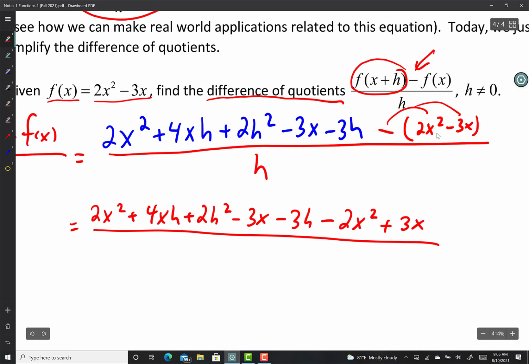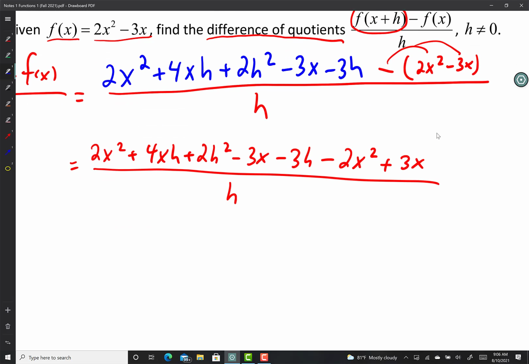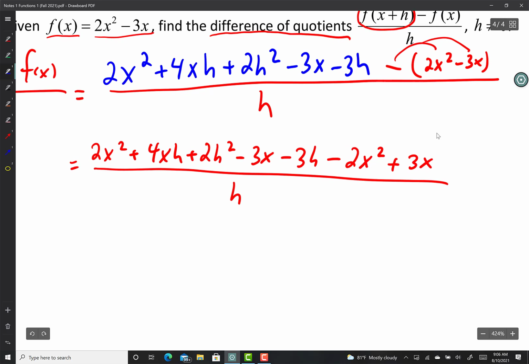All this is over h. If you did it correctly, the last two terms, or whatever terms you have for your f of x, should always cancel.